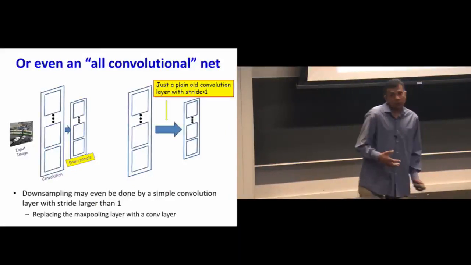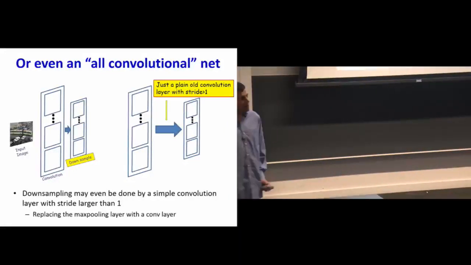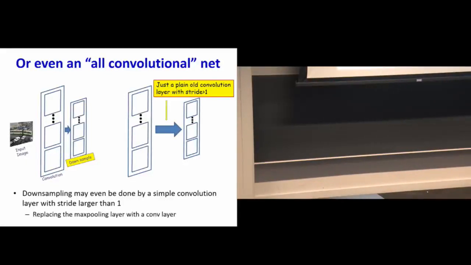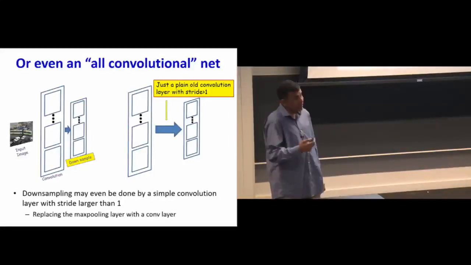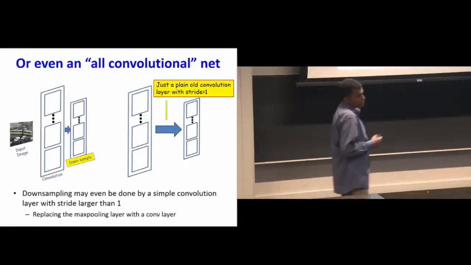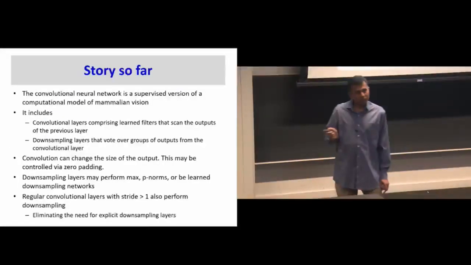The entire business of using a max can be dispensed with, because it's just an artifact of trying to emulate the operations of the human eye, and there's nothing magical about it. The max is just an operator that could be replaced by pretty much any other operator, including just a standard convolutional layer with a stride greater than 1, right?